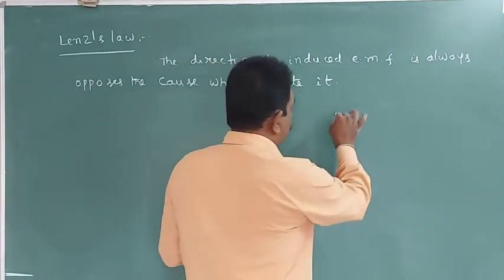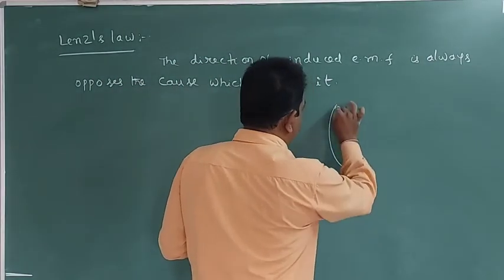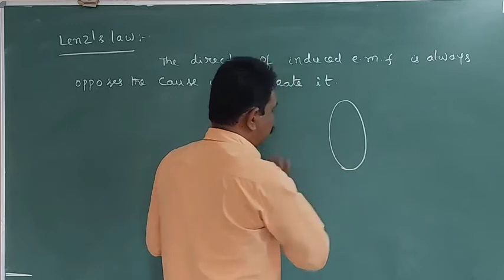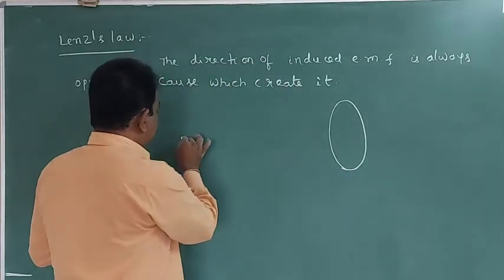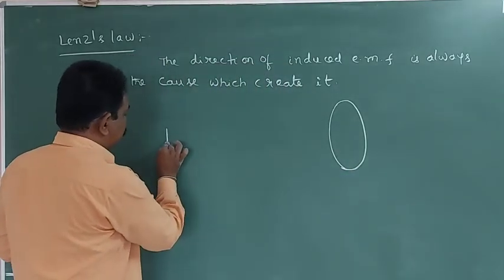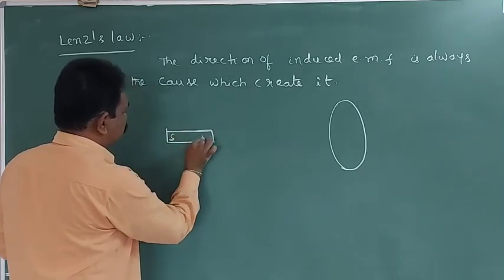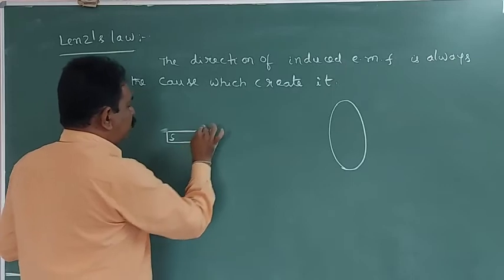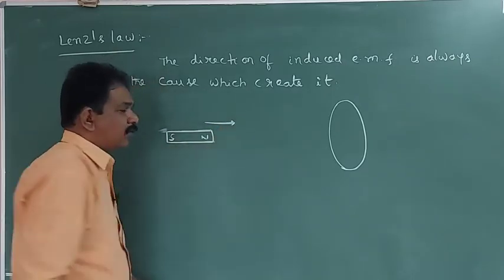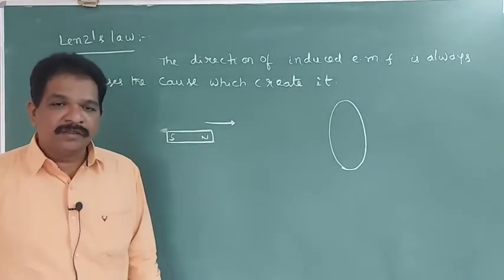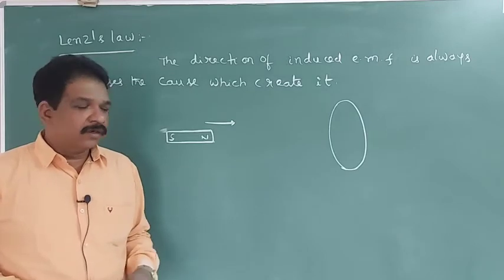See, here there is a coil. Here there is a magnet. I am moving the magnet towards the coil. Then what will happen?